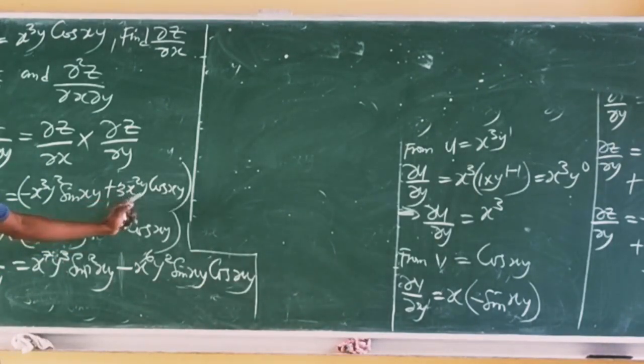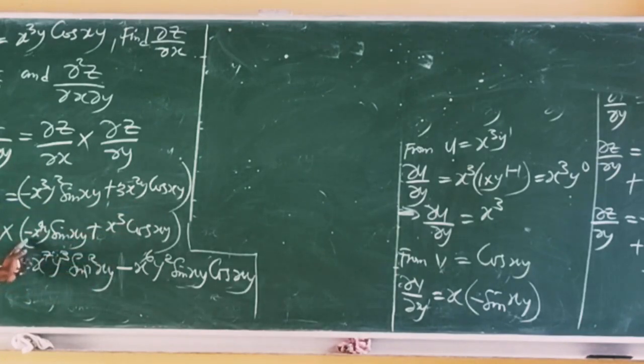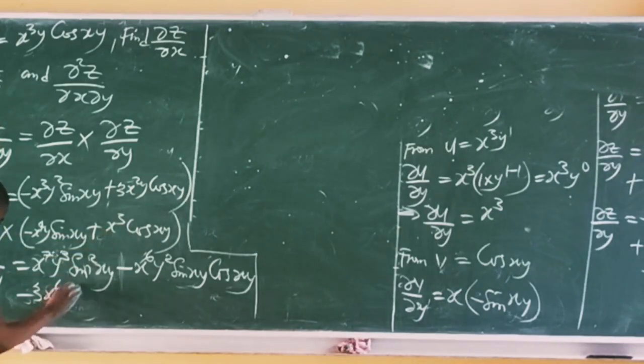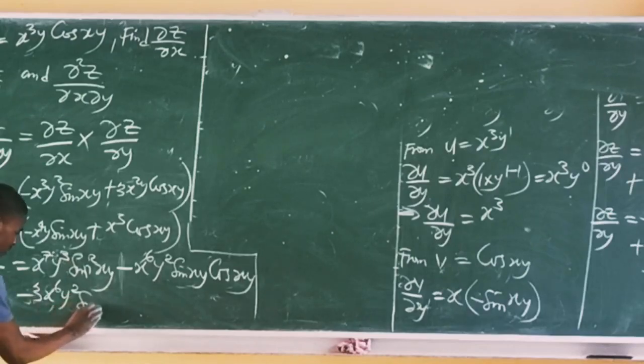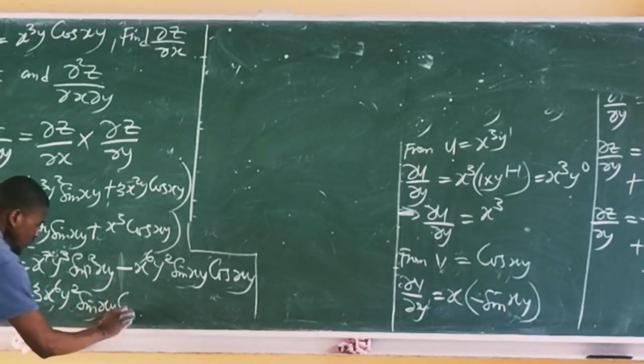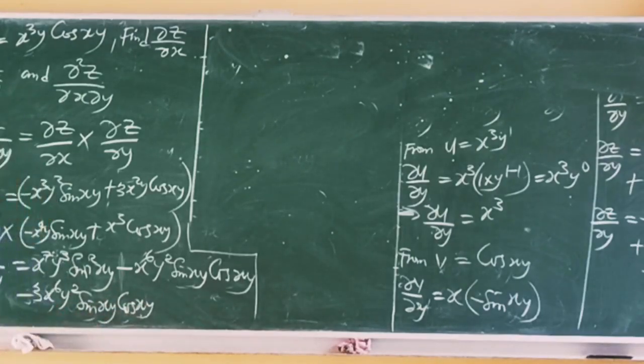3x squared y plus xy multiplied by minus x to the 4 y sine xy. Of course, minus and plus becomes minus. So this is x to the 4, this is x squared, that's equal to 3x to the 6. This is y, and this is y, so that will give us y squared, sine xy plus xy cos xy.